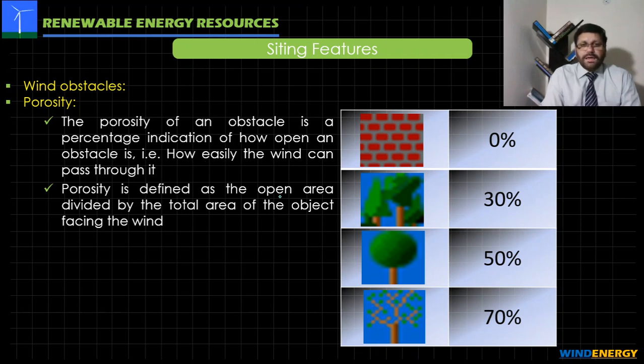Porosity is defined as the open area divided by the total area of that obstacle. Now if you are talking of a wall, there is no porosity, 0% open area. For this kind of trees you have 30% porosity, for this 50%, and this is 70%. So for site selection near trees, you have to calculate the porosity, that is the open area available for the passing of the wind.